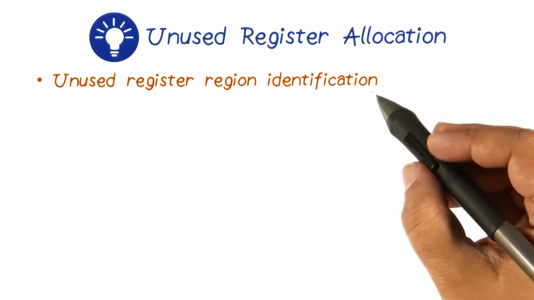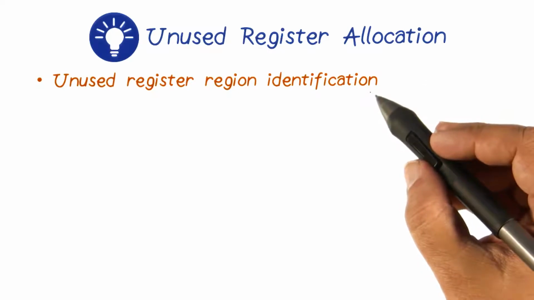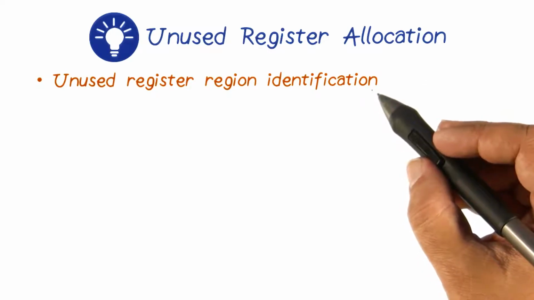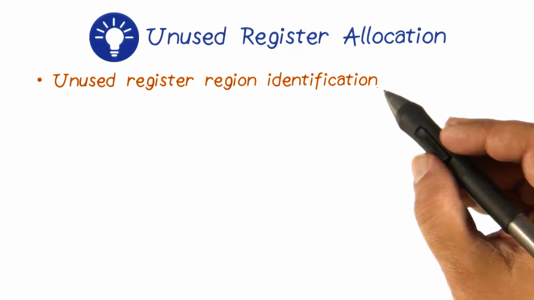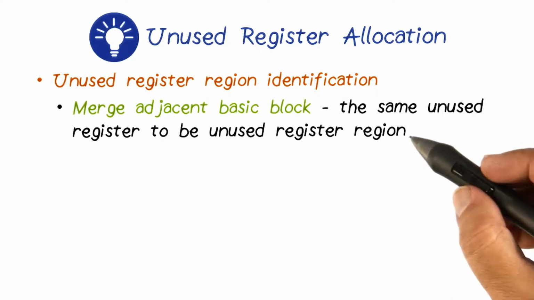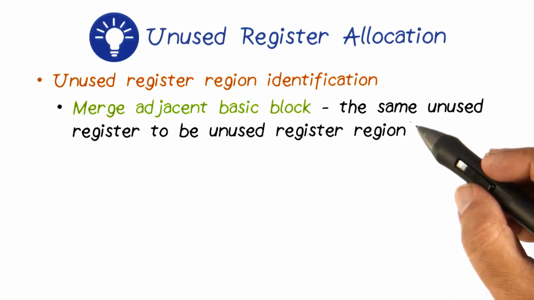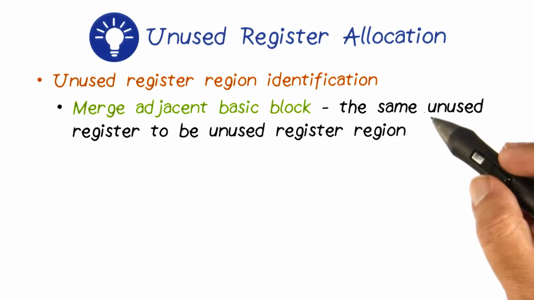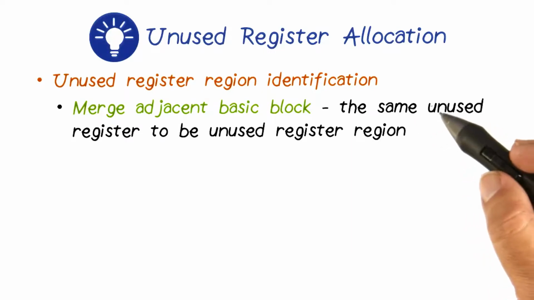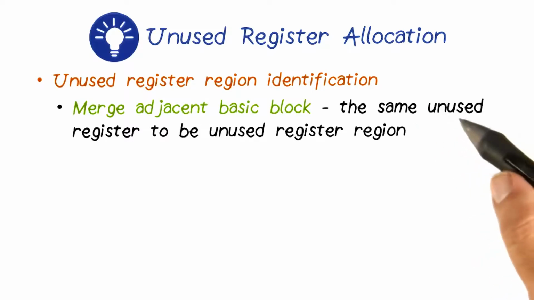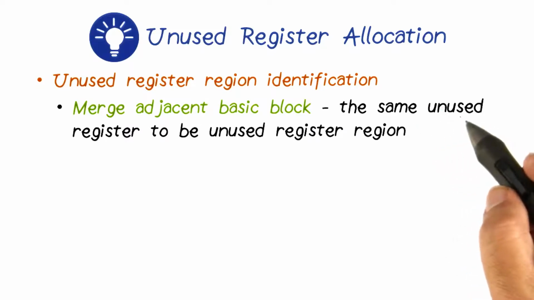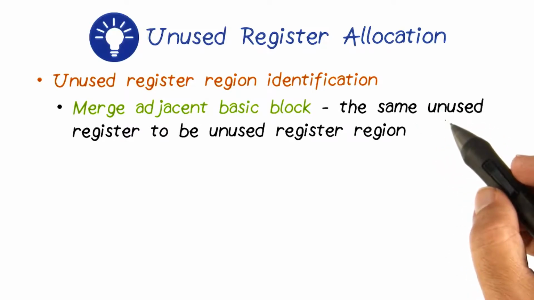Such an algorithm has two parts. One is to identify the register allocation region for unused registers. And as I mentioned earlier, we'll merge the adjacent basic blocks and find out the largest possible region that we could have so that the same unused register can be used for that particular region.